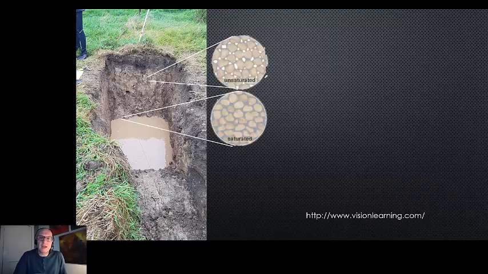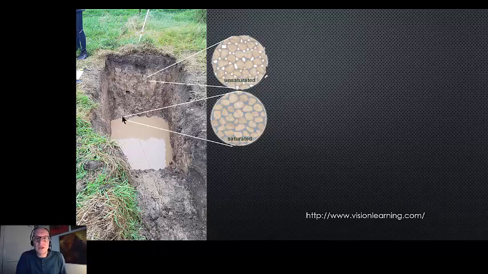So if we look at that in the context of Hazelrig, here's one of our pits. Up in the higher parts of the soil profile we have an unsaturated horizon, and just close to the water surface there we have a saturated horizon, and that saturated area has all the pores filled.